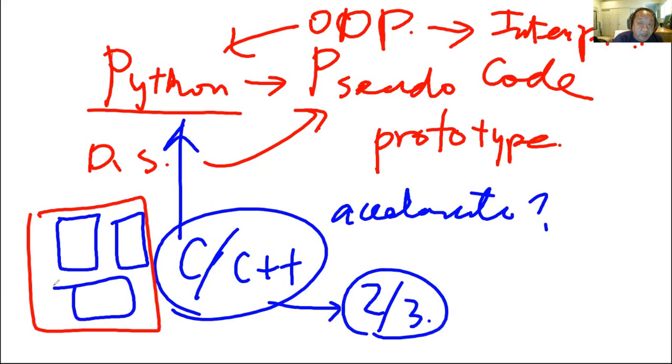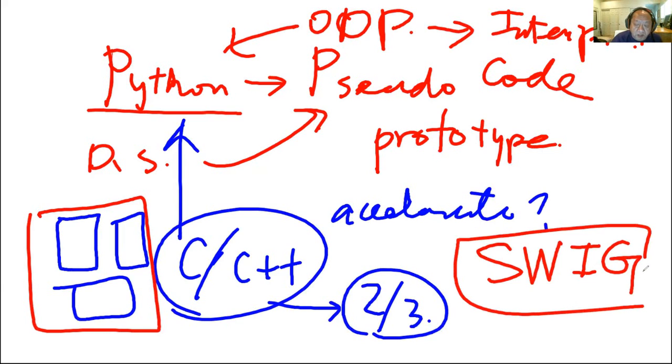And then there is an interface that can connect Python to C++. It's called Swig. Swig is the interface that connects the two together. So that's why we use Python in this data structure course. And in the future, we may use that Swig interface.